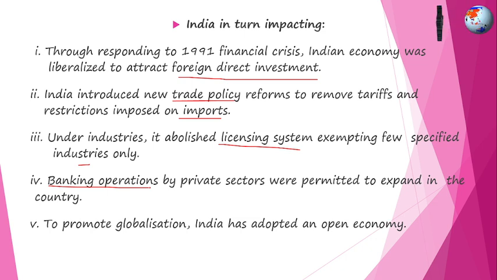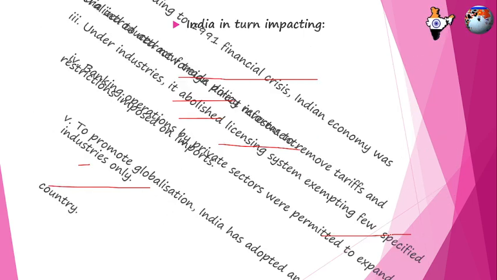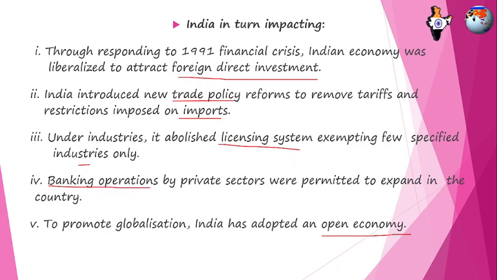Till now we have many private sector banks, and they are also playing an important role. Now the next is that to promote globalization, India has adopted an open economy, meaning the economies of other countries can come and do trade.